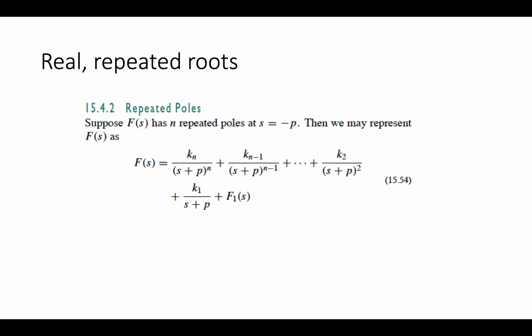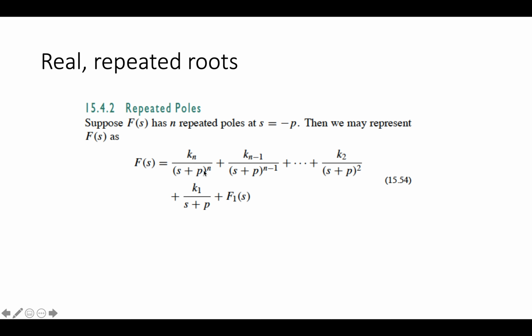And as I said, your approach depends on how you proceed. So if you have real repeated roots, meaning when you factor you get something like an s plus 2 squared, then we have to do the partial fraction expansion differently. So if you have n repeated poles at some value of minus p, then the way you write the partial fraction expansion is decreasing powers of n with that pole s plus p.